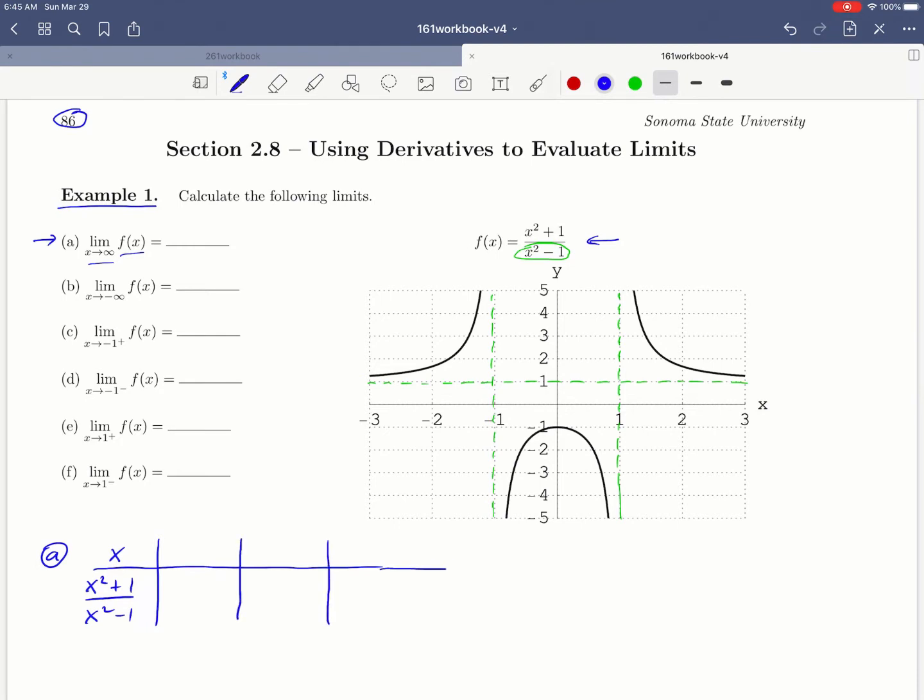What would make sense? Well, remember what x is approaching. It's getting closer to infinity, so we need a list of numbers that's getting big. You can choose any list of numbers you want as long as they're getting bigger and bigger. I'm going to start with 5, 10, 100, and 1,000. Notice that those numbers are approaching infinity.